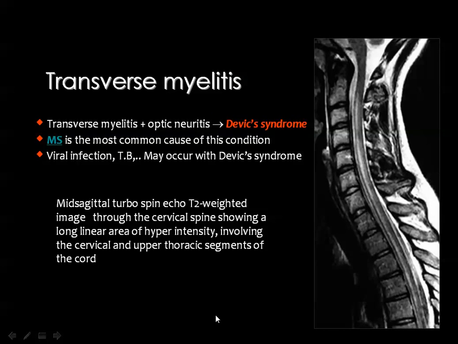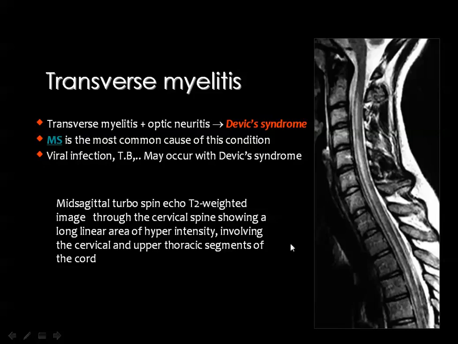Then this is also an example of transverse myelitis, and this is an MRI sagittal T2 weighted image of the cervical spine. There is an extensive intramedullary high signal intensity involving most of the cervical spinal cord and extending to affect the upper dorsal spinal cord as well.